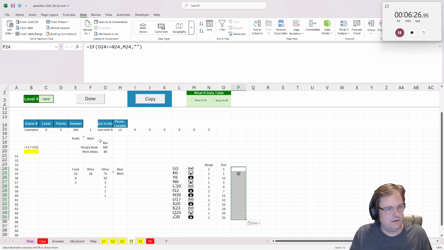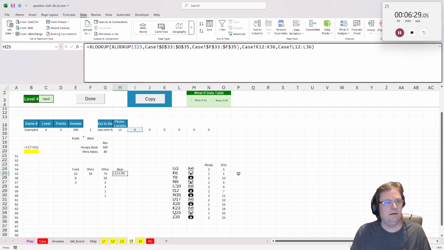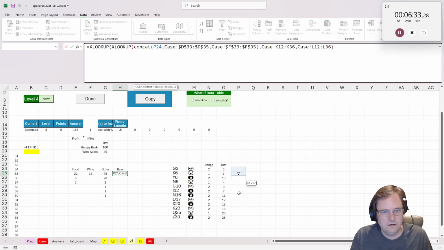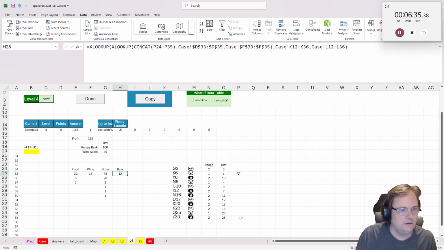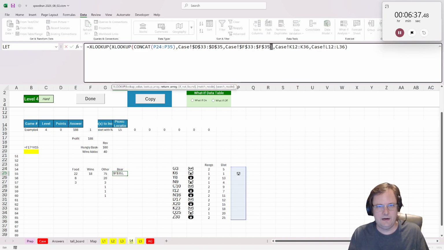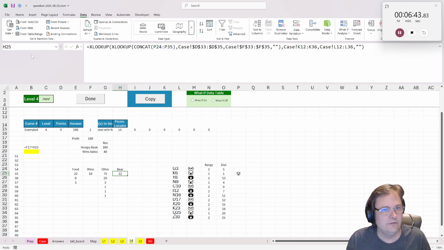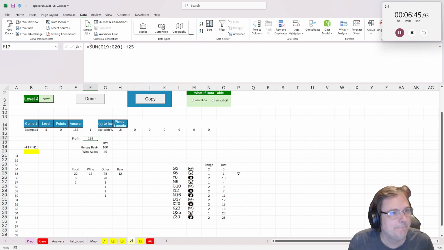So now for the profit here, for how much is the cost for the bear, right? I can put these together to look up the bear. If there is no bear, instead of giving me an error, I'm going to give it some blanks, right? So this will end up blank if there's no bear.